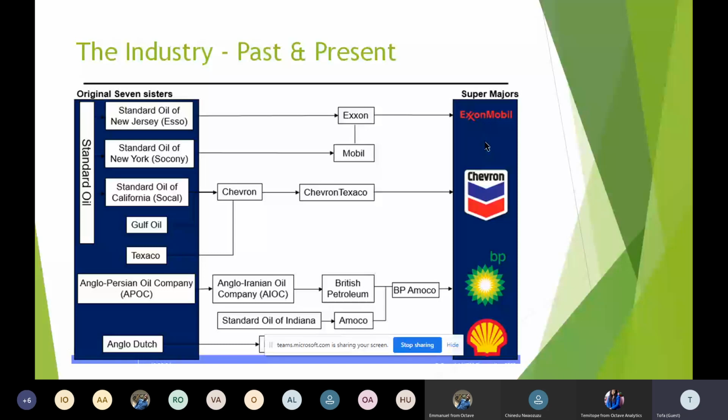So BP actually also today passed through the process of cooperation with the Saudi Arabian oil company, Saudi Aramco, and became what it is today. Then we have the Anglo-Dutch oil company, which transformed to the Royal Dutch Shell and to what we know it today. And this is where I'm privileged to at least work at this point.